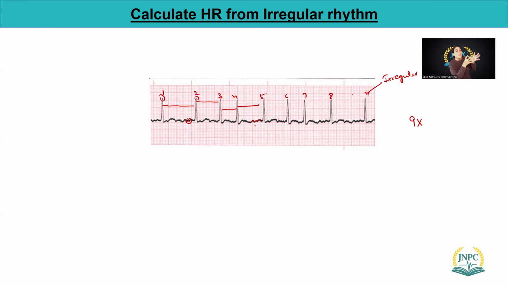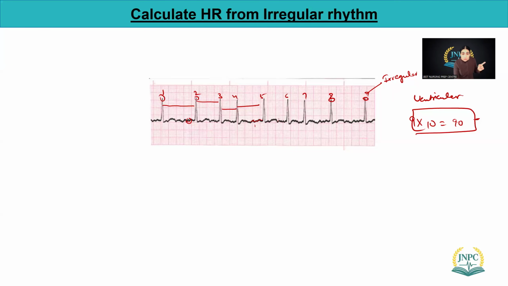We cannot see how fast they are beating, right? So 9 times 10 is going to be 90. If you only specify these R waves, that is your ventricular rate. We cannot say it is normal sinus rhythm. We are specifying now that it is ventricular rate.